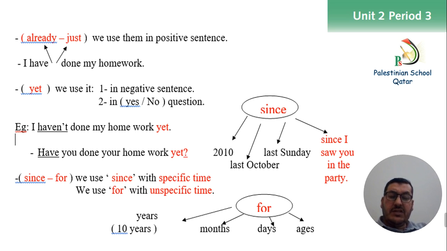Even if I put 7 months, it's not specific in general, so we use for with it. Also 4 days, even 4 days is not specific, so in this case we can use for. And we can say also for ages, it means for a long time.